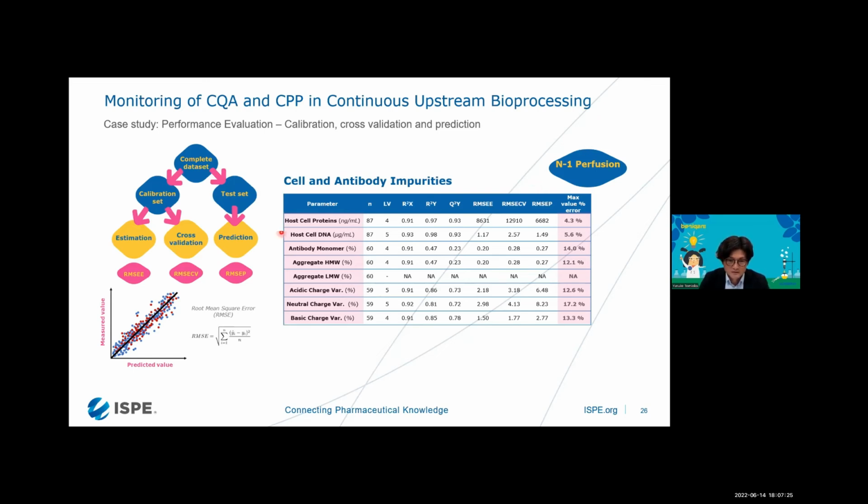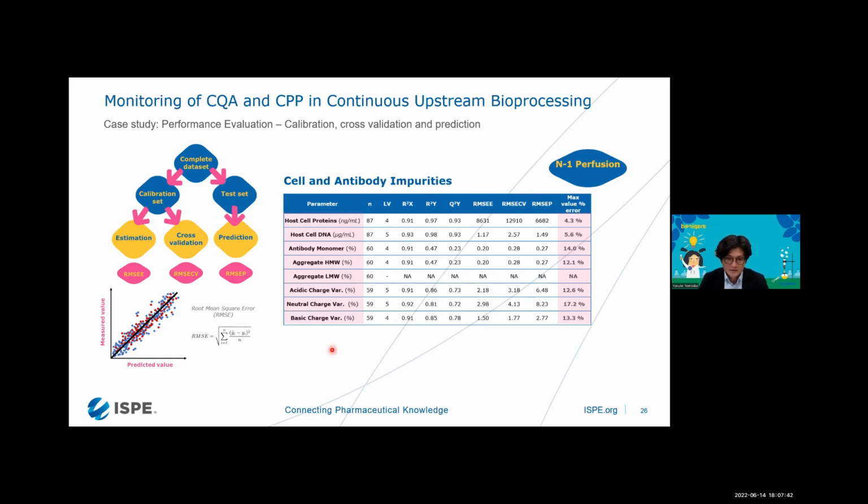This table shows our monitoring results for detecting each impurity, such as the HCP and the DNA, and the antibody monomer, the aggregate, and the charge variant.